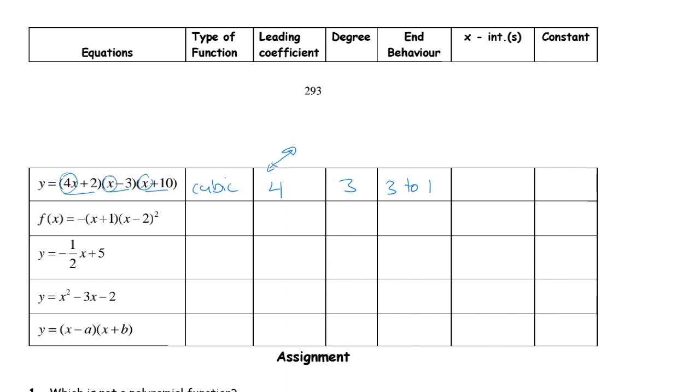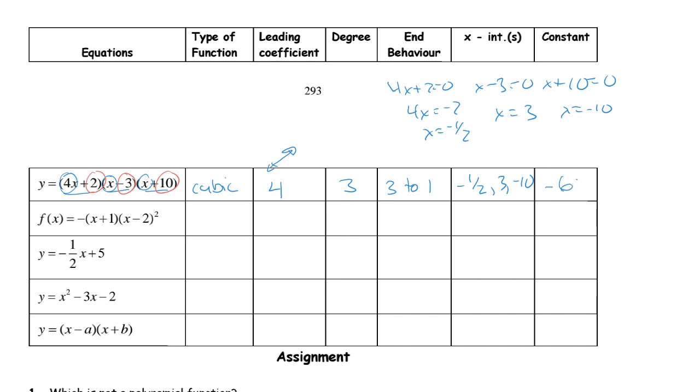So 4x plus 2 equals 0, x minus 3 equals 0, x plus 10 equals 0. That gives me x equals -1/2, x equals 3, x equals -10. And the constant is when you multiply the constants of each of those together. So 2 times -3 times 10 gives us -60.